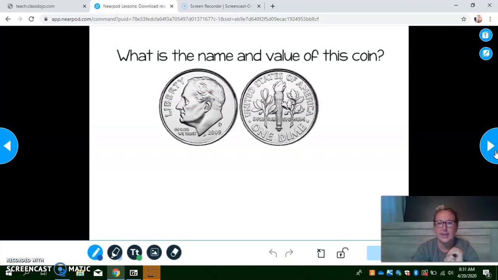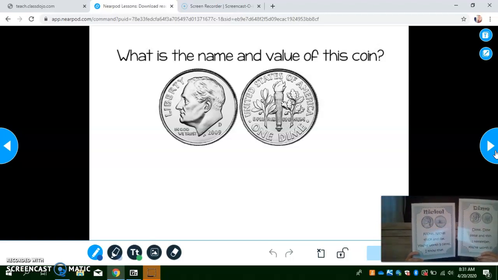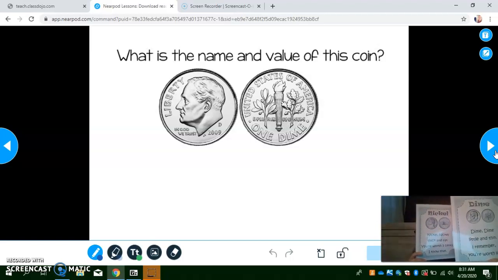What is the name and value of this coin? Well, it's silver. Do we think it is a dime or a nickel?